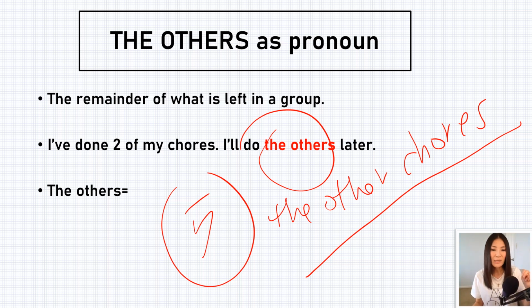I did 2. I'm going to do the other 3 later. This usage is very similar to what we discussed when it came to the determiner. So the only difference between the determiner and a pronoun is that when you use it as a determiner, a noun must follow it. If you use it as a pronoun, it is a noun, so there will be no noun that comes after this pronoun.